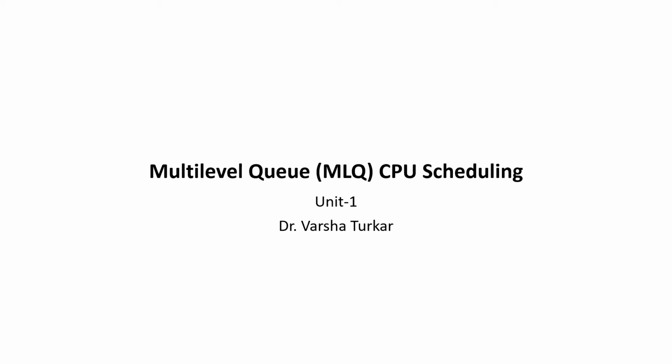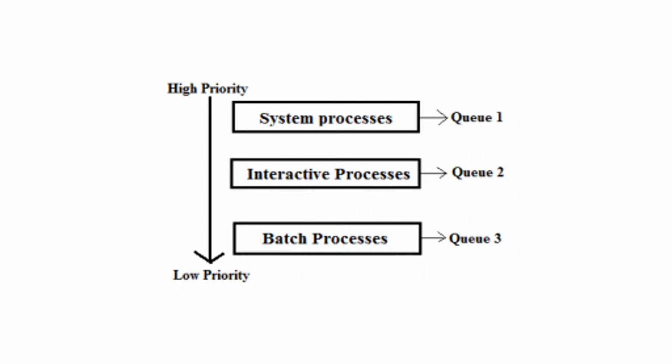So now we will see what is multi-level queue CPU scheduling. It may happen that processes in the ready queue can be divided into different classes where each class has its own scheduling requirements. Commonly, the classes are divided into foreground processes and background processes.